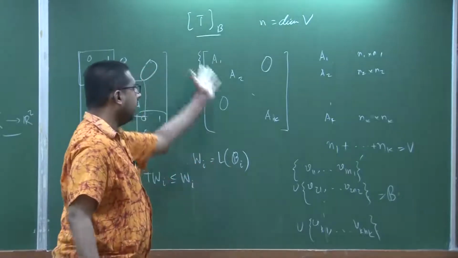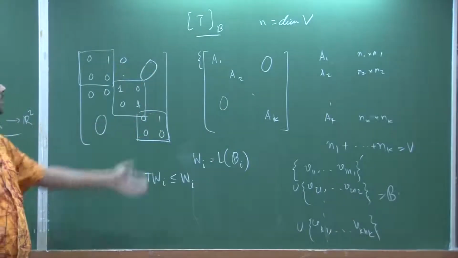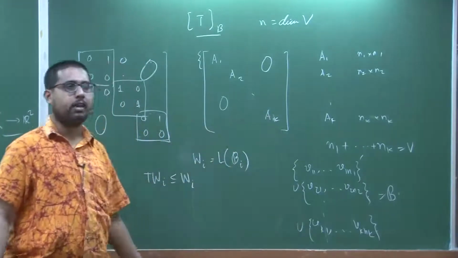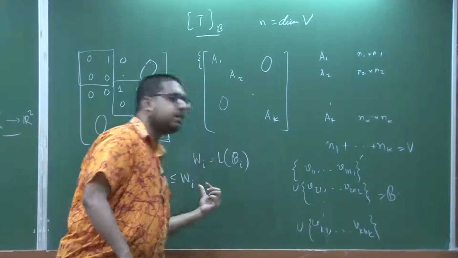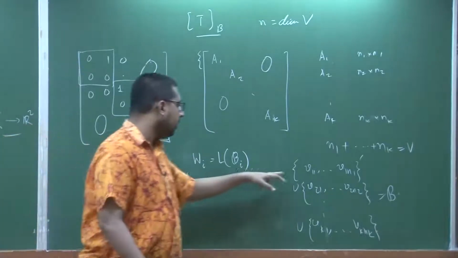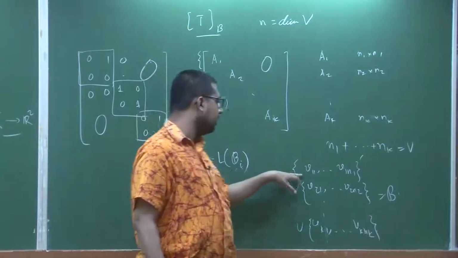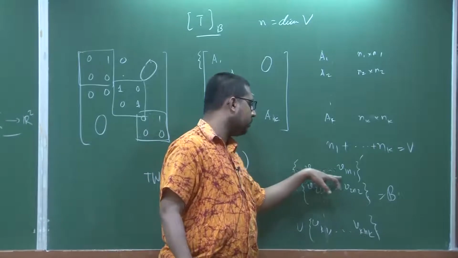What I am trying to observe is, if the matrix can be brought into block diagonal form, then each Wi has to be invariant. Why? Because a typical member in Wi will be just a combination of V11 up to V1n1.